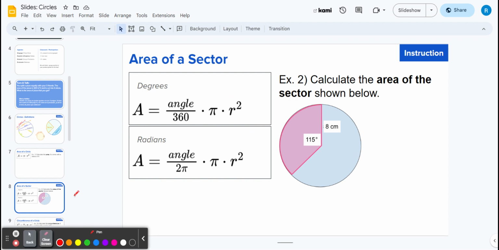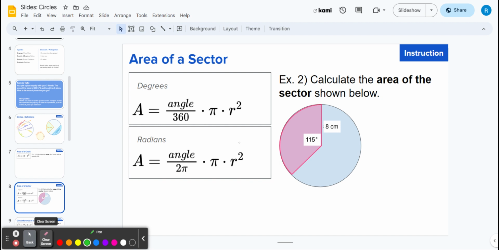Now remember that the 360 degrees comes from one full rotation around our circle, and so does that 2 pi radians. So we're creating some fraction, angle over 360, and then multiplying it by the entire circle. Same thing with radians, angle over 2 pi multiplied by the entire circle.